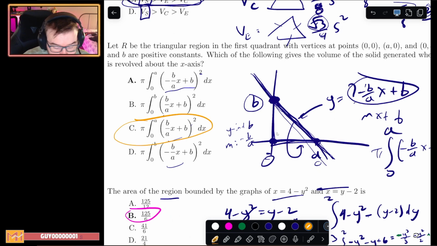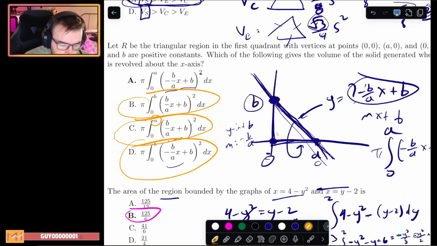Also, C at least had the A as the bound. I'm a little surprised that 15 people chose between B and D. The bounds just, why are we using the... I get why C is appealing, but it is a downward trajectory line. Okay.